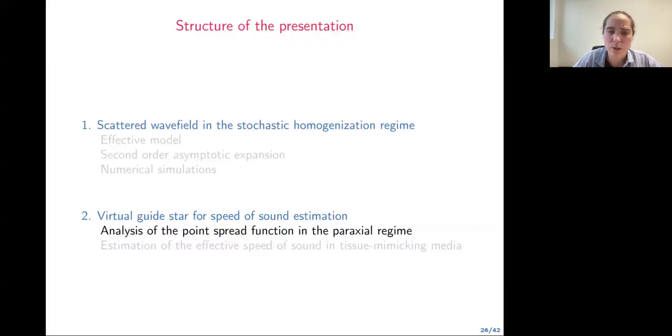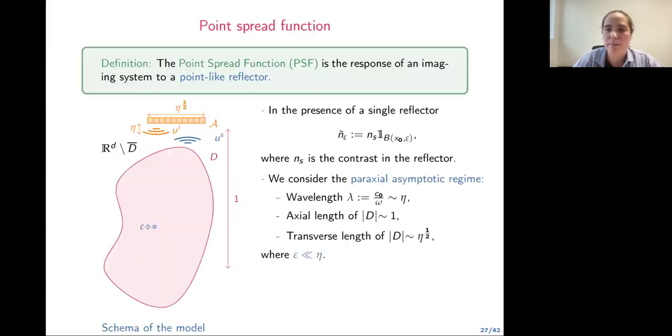First, I'm going to talk about the point spread function of our imaging setting, and how the point spread function is affected by a wrong backpropagation speed. The point spread function, first definition, is the response of an imaging system to a point-like reflector. For this, I consider my setting here, but with only one reflector.